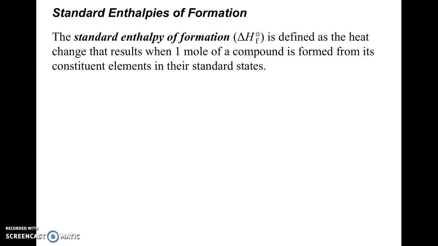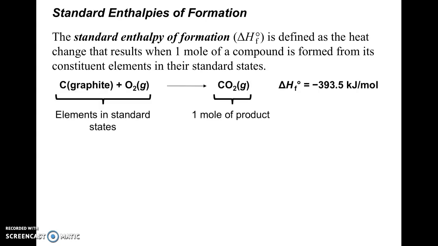Okay, the other topic we're going to talk about is standard enthalpies of formation, and this is very useful. It sort of gives us a baseline because what it says is a delta H of formation of any compound is the energy it would take to make it from its constituent elements. And so, for instance, if you want to make CO2, you make it from solid carbon and oxygen gas.